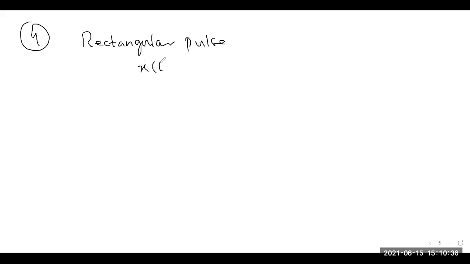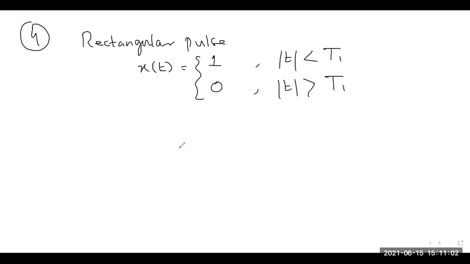Mathematically, the rectangular pulse is represented as a signal with magnitude equal to 1 during the time interval where the magnitude of t is less than some number t1. And outside of this interval, for any value of t outside of this time interval, it is equal to 0. So graphically, we are talking about a signal which is like this.